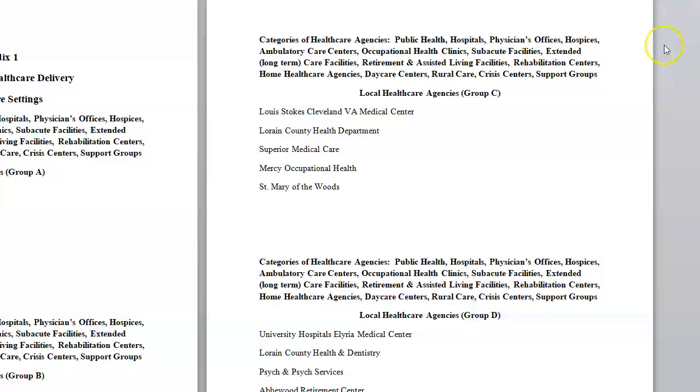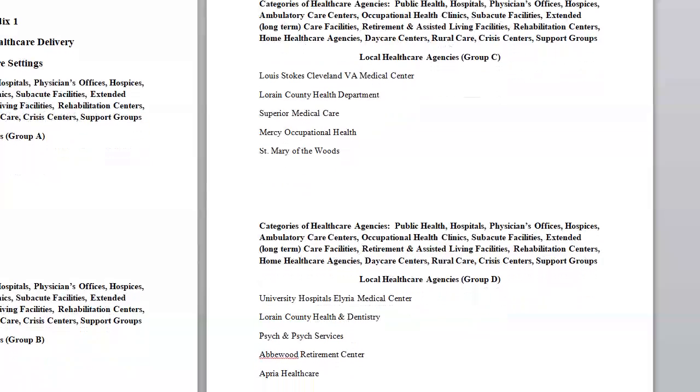And then in Group D, we have many more of the same, okay. University Hospital, which is the old Elyria Memorial, or now it's Elyria Medical Center, is a hospital. Lorain County Health and Dentistry is a public health. Psych and Psych Services are physicians' offices along with crisis centers. And then Abbeywood Retirement Center is retirement and assisted living facilities. And Apria Healthcare are home healthcare agencies.